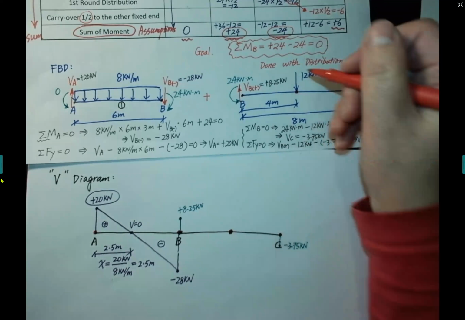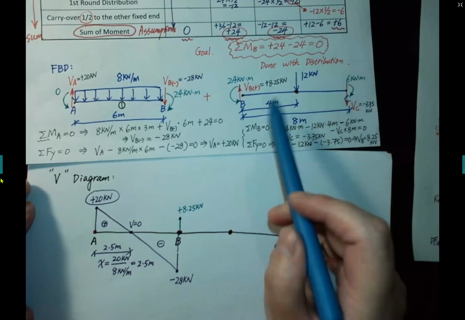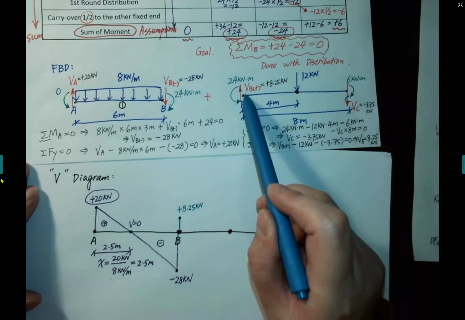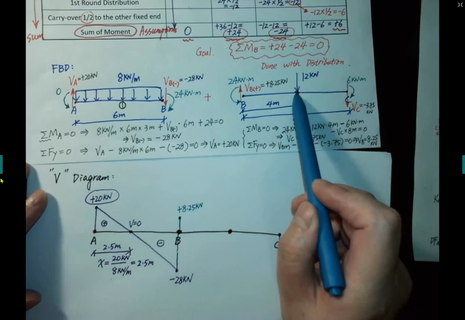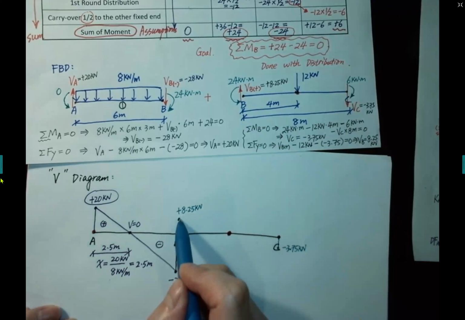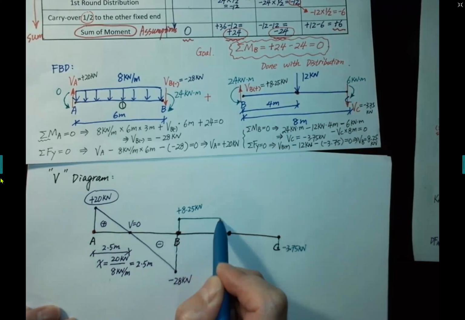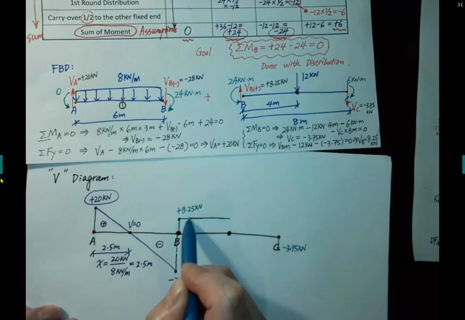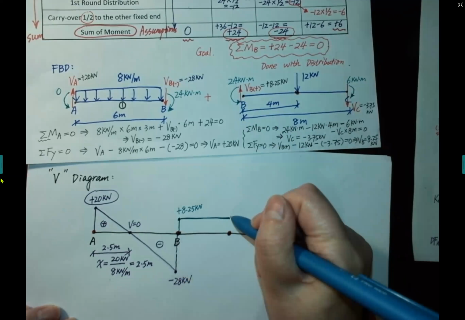Just left of the 12 kilonewton load, we notice that there's no load between B and the left of the 12 kilonewton, which means the shear force keeps constant to the 12 kilonewton force.